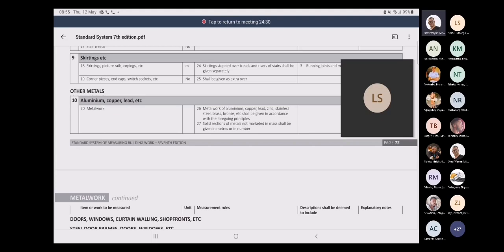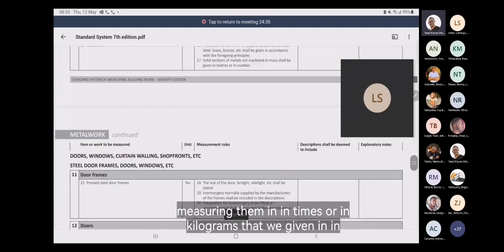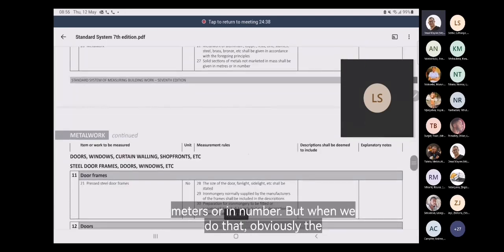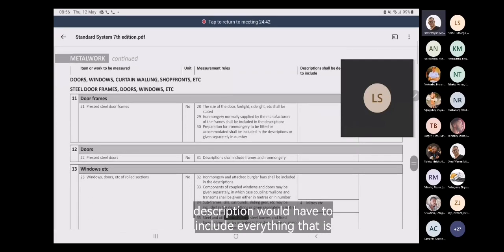There are some of them that we will not be measuring in tons or in kilograms, but they will be given in meters or in number. But when we do that, obviously the description will have to include everything that is required.